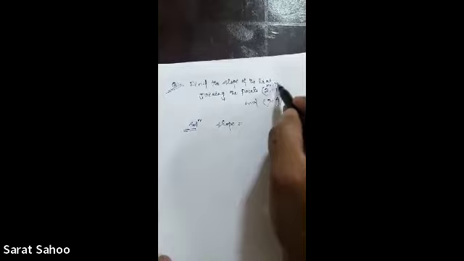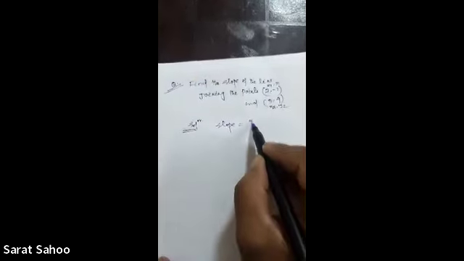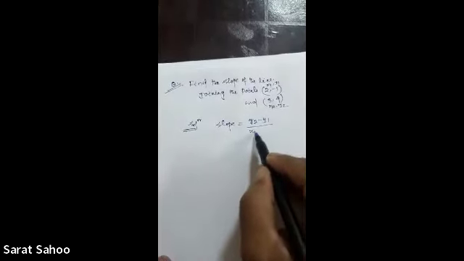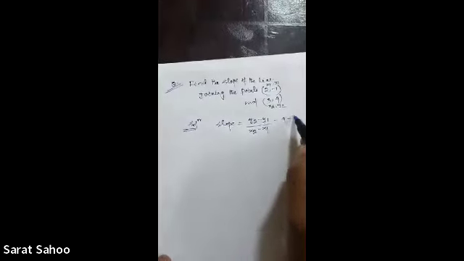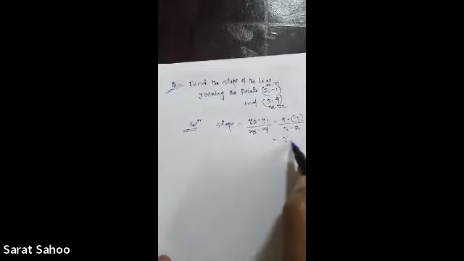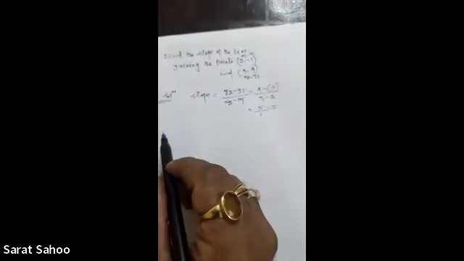Consider this one as x1, y1 and this pair as x2, y2. Slope is y2 minus y1 upon x2 minus x1. That is 4 minus of minus 1 upon 3 minus 2. This is equal to 5 by 1, which is equal to 5. Okay.